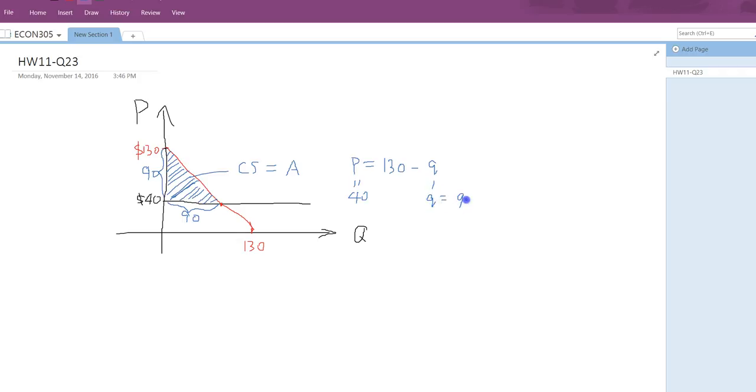That's another way to understand why the base must be 90 and the height is 90.